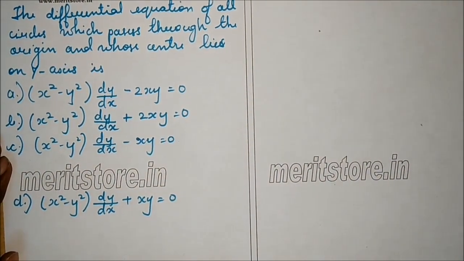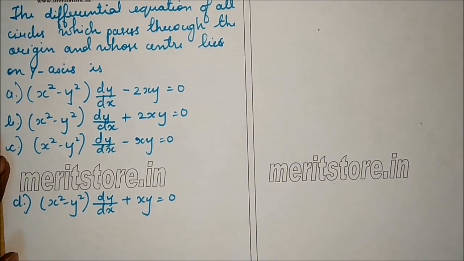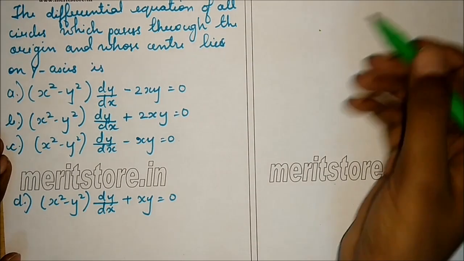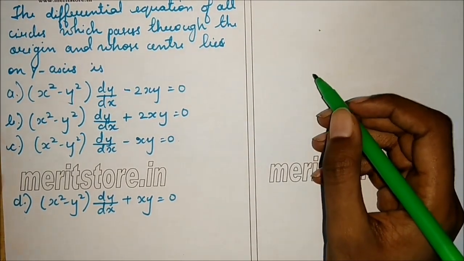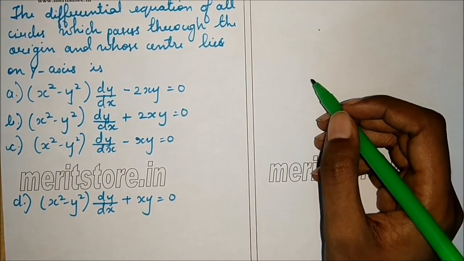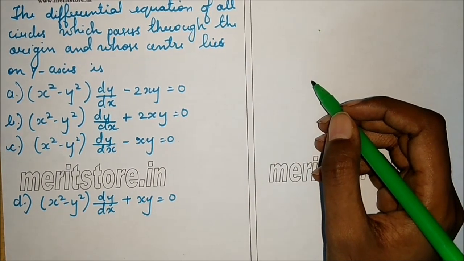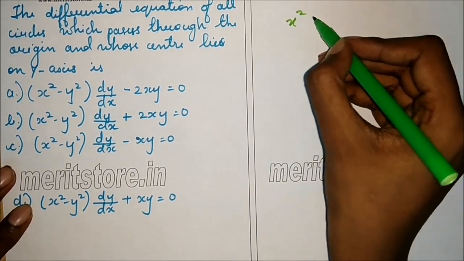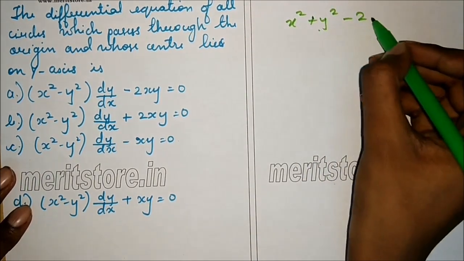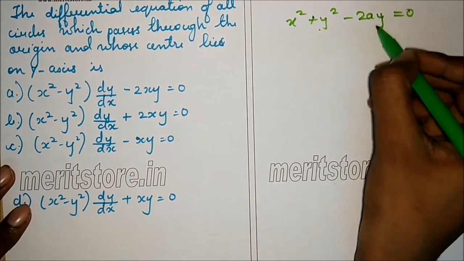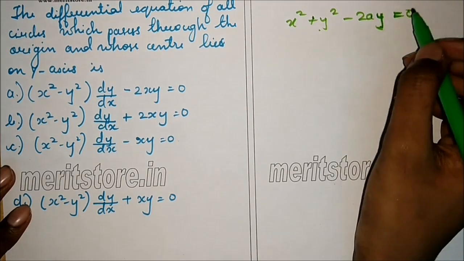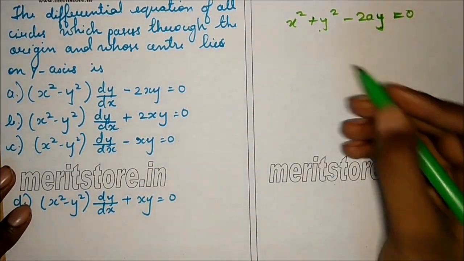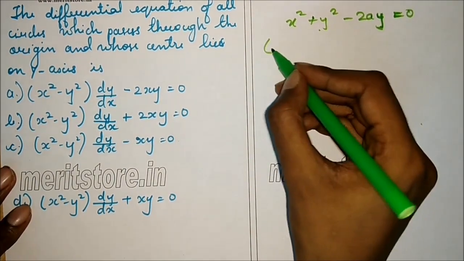The differential equation of circles which pass through the origin whose center lies on the y-axis is. So what is given is there's a circle which passes through the origin and the center lies on the y-axis. So the equation will be given by x square plus y square minus 2ay equals 0. So this will be the equation which we want. Now we differentiate it with respect to x.